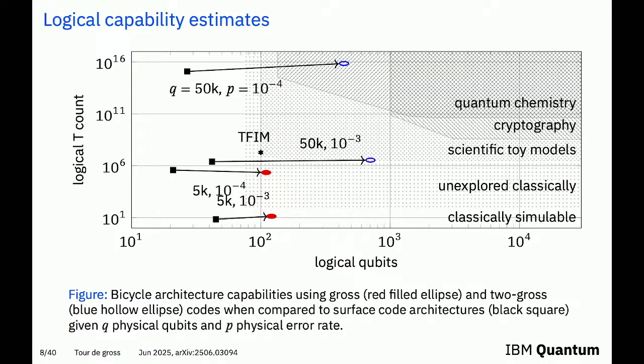So if we reduce the physical noise rate, then the 2 gross code actually improves by a very large amount, so 10 orders of magnitude, and we might estimate it is capable of executing certain quantum chemistry applications at 5,000 physical qubits. And again, if we also improve the number of physical qubits, so we're talking long term, then we will also be able to do some crypto applications.